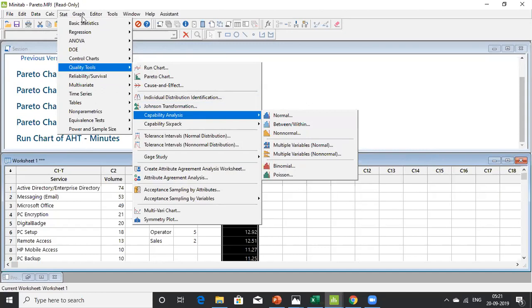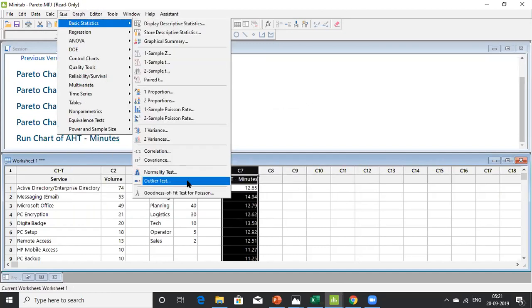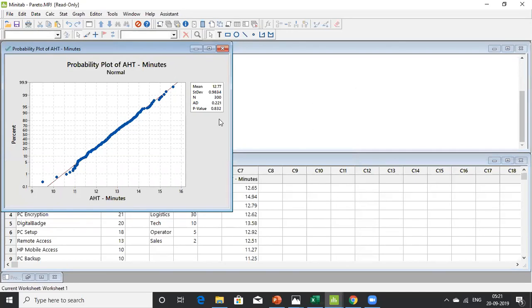So let me just go back and do the normality test. I select the variable. What does this indicate? It indicates whether the normal distribution is valid or not.